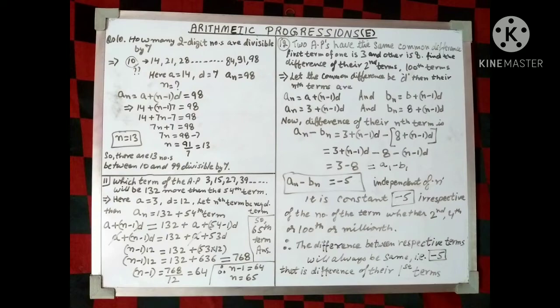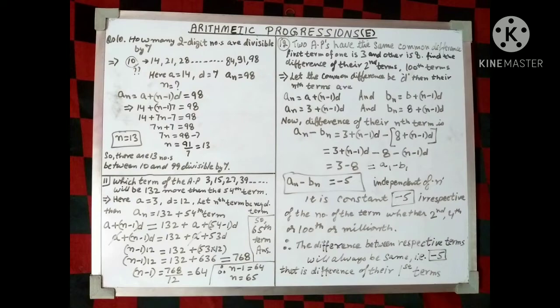Very clearly we can see that the first term a is 14, the common difference will definitely be 7 and the last term is the nth term, that is 98. So we have to find how many such numbers are there. That is, we have to find n, right?